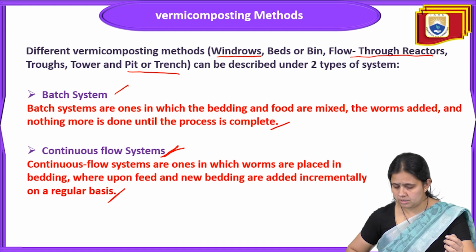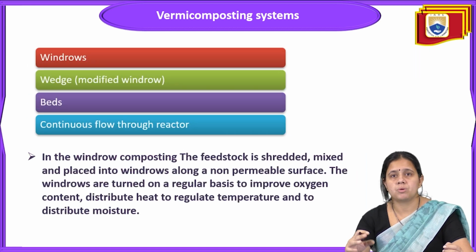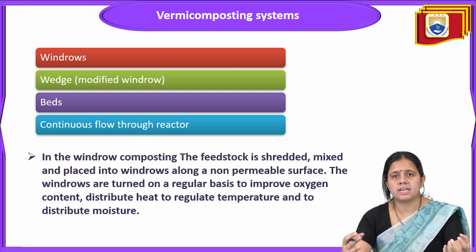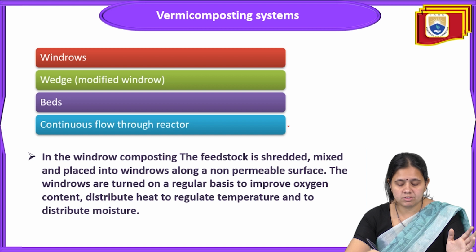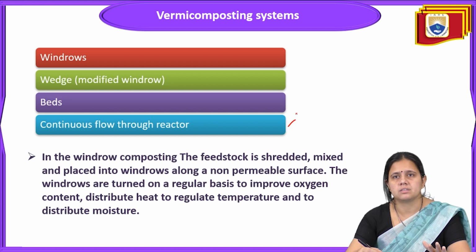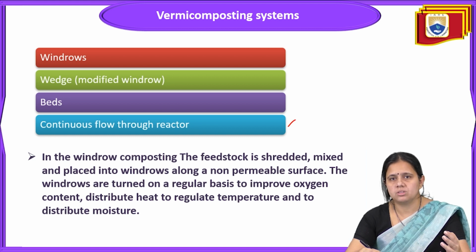Next process is the windrow wedge method. Wedge is again a modified windrow method. Beds are there and then continuous flow through the reactor. So in this, what happened? In the windrow composting method, the feedstock is shredded, mixed and placed into a windrow along a non-permeable surface.